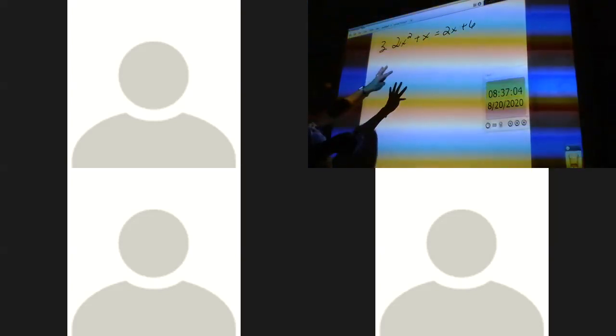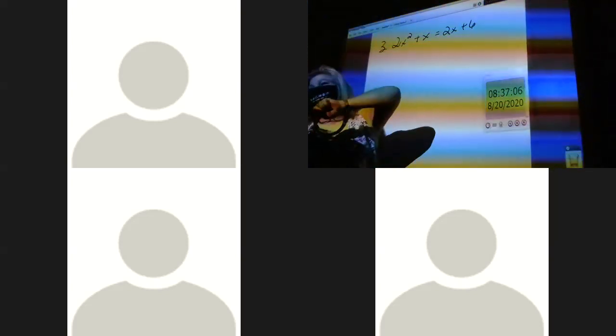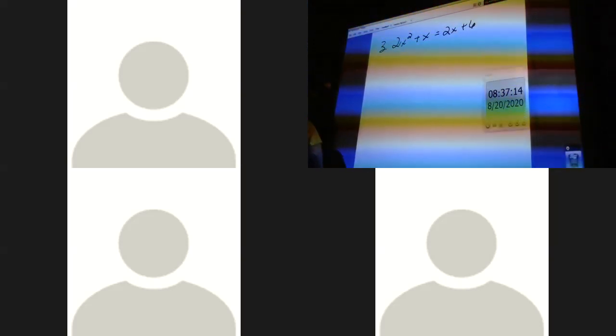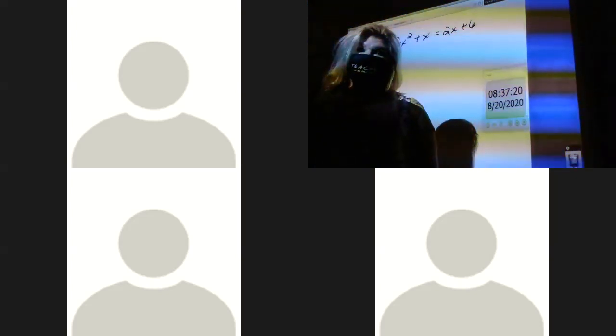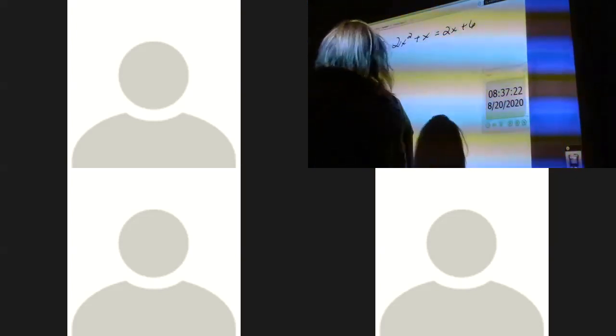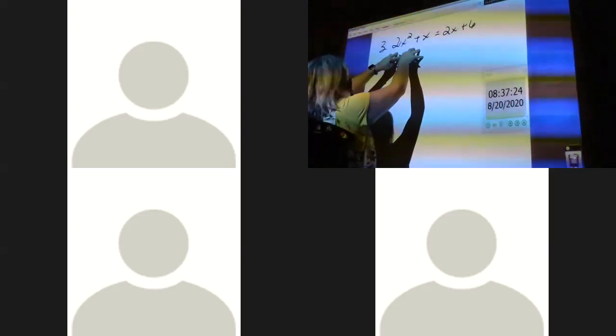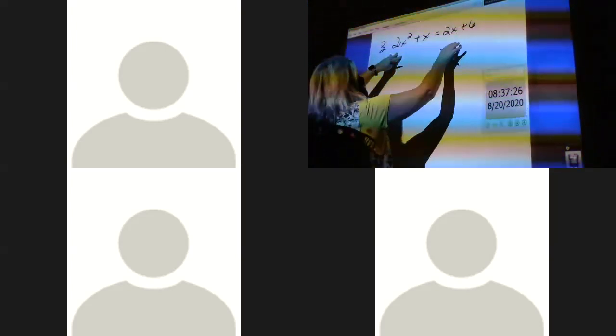Put the x's on the same side, and then put x equals 6, and then you divide it. Almost. So we're looking for 0. What do you think we want the right side to be? 0. So we're going to move all of this over here so that we can have 0.